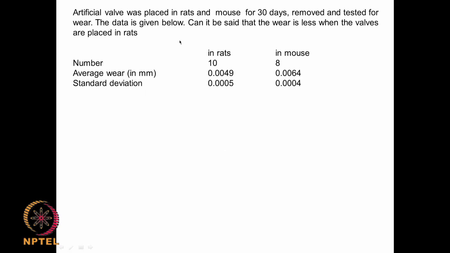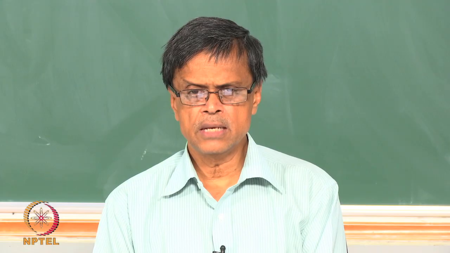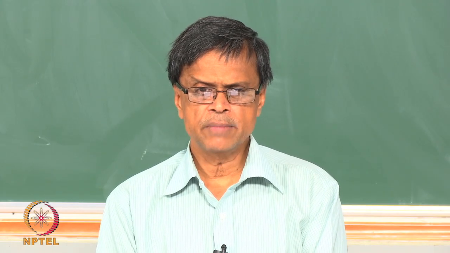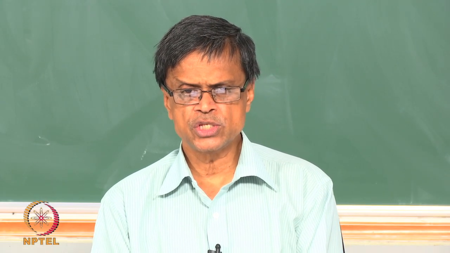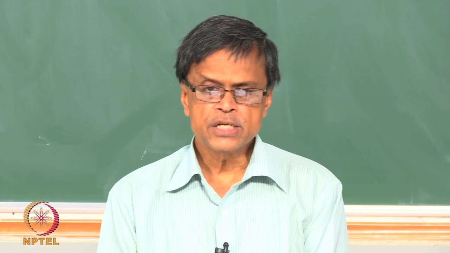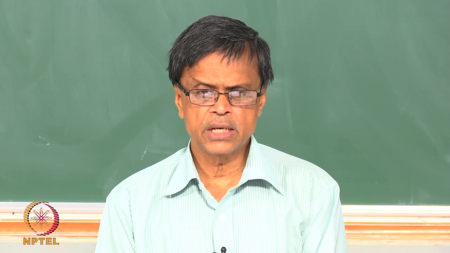Okay, let us look at another interesting problem. Artificial valves were placed in rats and mouse for 30 days, they were removed and tested for wear. This is very common in biomaterial design, when you are creating a new material, you keep it in animal models and then see the changes in mechanical strength, which could be tensile, compression, wear, tear and so on.